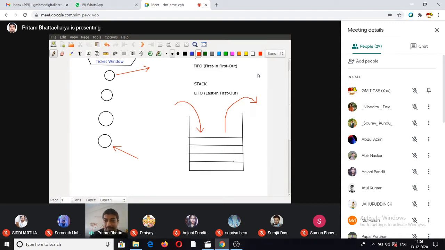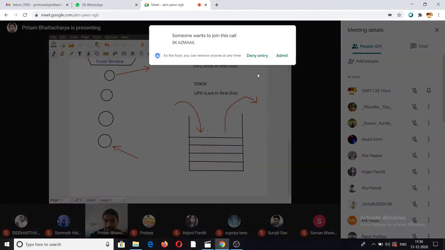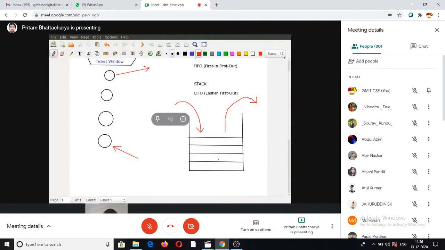He is like trapped in. So you cannot leave from the bottom. It's like it's open at only one end. So from one way you only get to enter, and from the same way you get to leave.